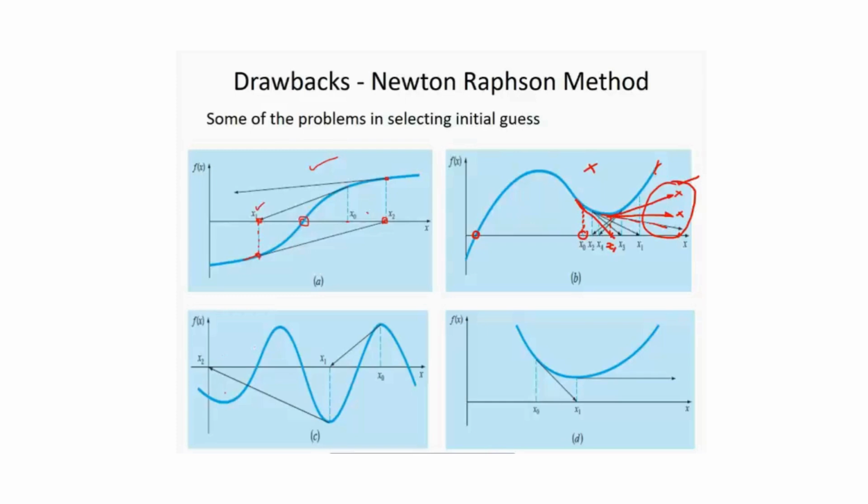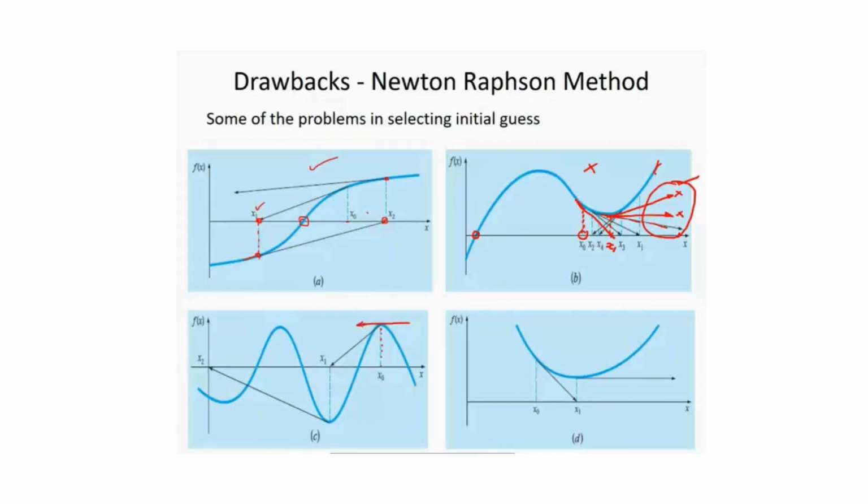And for this function, this is a kind of sinusoidal function. Suppose the initial guess is selected somewhere here. If you draw a tangent line from here, it is exactly touching at the center. For this case the tangent is horizontal.